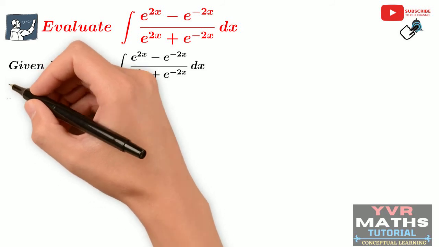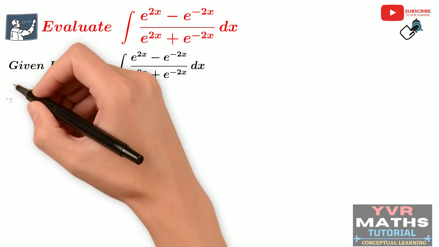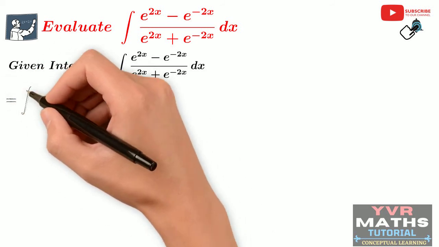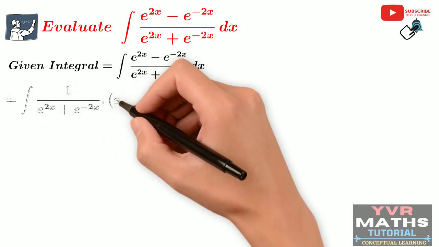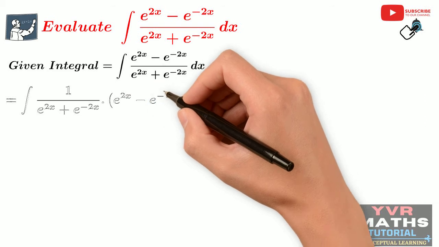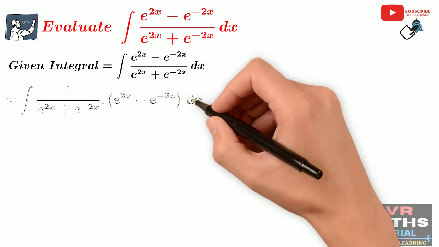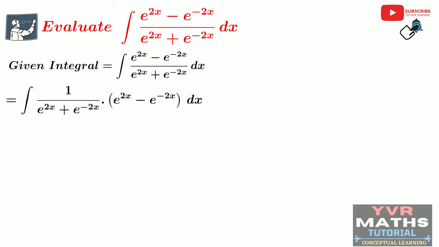Now I am going to take the numerator function e power 2x minus e power minus 2x as one combination and the other function 1 by (e power 2x plus e power minus 2x) as another combination. Then what will we get as the new integrand? See here in the next step, integral 1 by (e power 2x plus e power minus 2x) into (e power 2x minus e power minus 2x) dx. Now substitute some part of the integrand as another variable such that its differentiation exists in the integral.